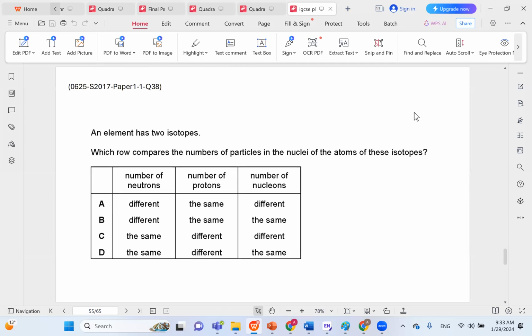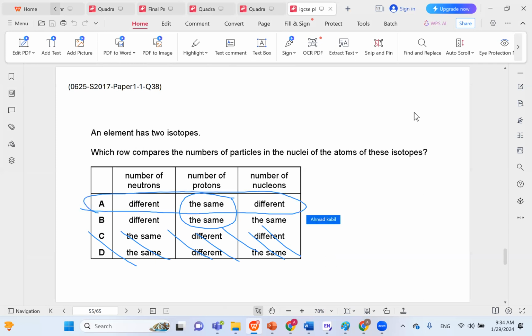An element has 2 isotopes. Which row compares the numbers of particles in the nuclei of the atoms of these isotopes? So the number of protons must be the same. So we're just going to get rid of C and D automatically. However, the number of neutrons must be different. And therefore, the sum of protons and neutrons must be different as well.